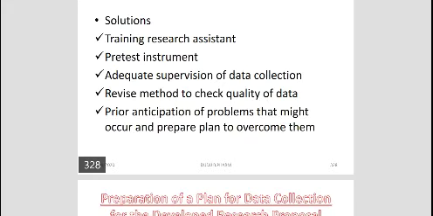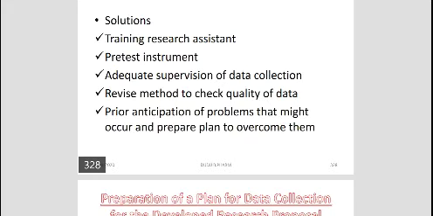Next, you must revise methods to check the quality of data. The methods you're using for data collection, you must revise to check the quality of the data and the information you're getting from your tools. Then there is prior anticipation of problems that might occur, and preparing a plan to overcome them.